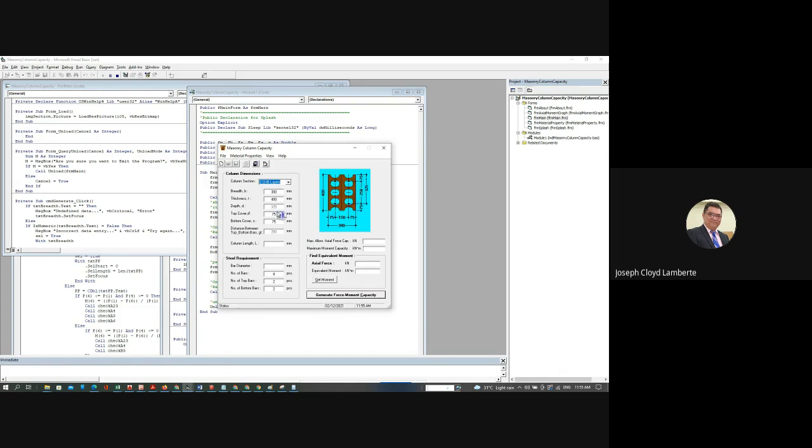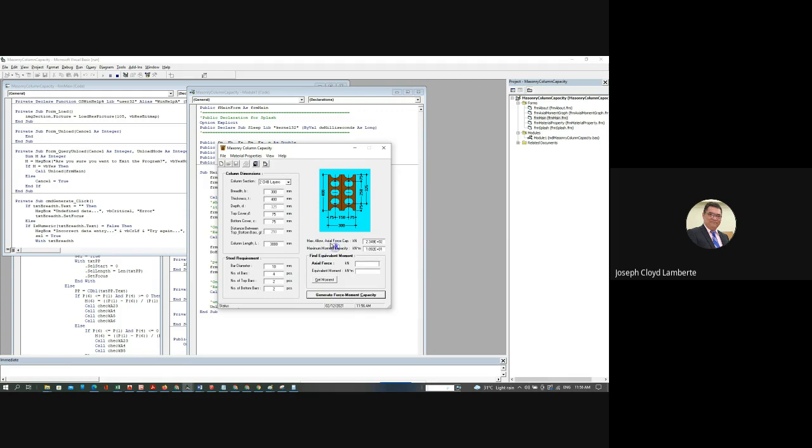So mag-create ka customized section, ikaw na mabutang sa mga data. Imo na is to provide your LU in millimeter, so 3,000. Then bar diameter nga imong gamiton is 10 mm for example. So maka-generate din kag imong column interaction.